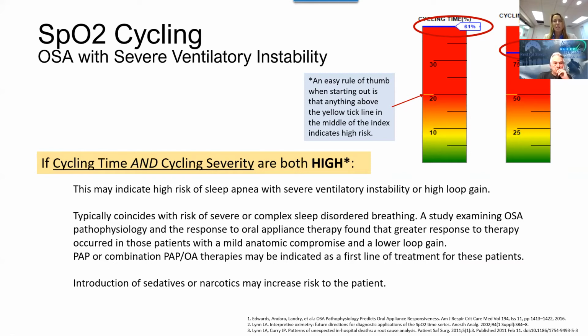So these patients that you see here with high cycling time and high cycling severity index usually have a more severe anatomic compromise than your patients in the first and second examples that we looked at. Normally PAP or a combination, or even sometimes a special BiPAP, may be recommended for patients like this. Also, introduction of any kind of sedatives or narcotics can increase the risk to the patient in these situations.